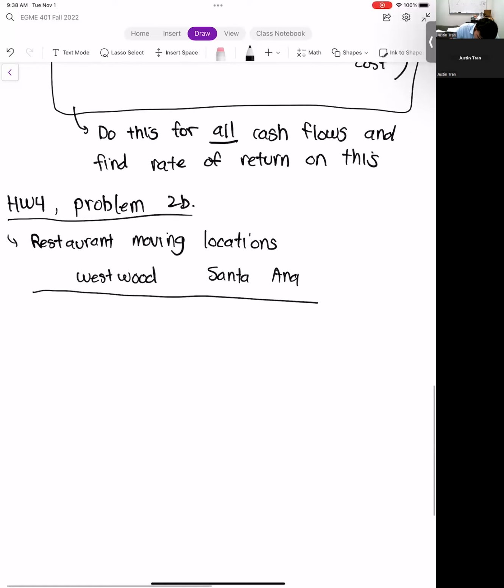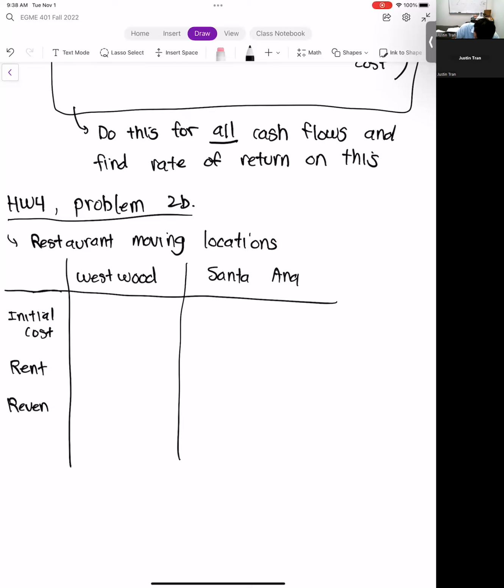Okay. And so to set up these problems, it's usually a good idea to make a table like this. Each option is going to have its initial cost. Each option is going to have its rent. Each option is going to have the revenue. And in the problem, they describe that there's going to be an increase in the revenue as well. Okay. All right. So the Westwood location is going to have a higher initial cost because it's going to cost more to move there.